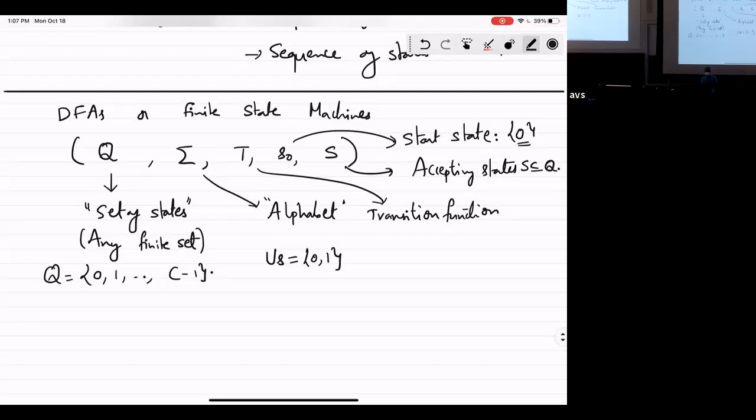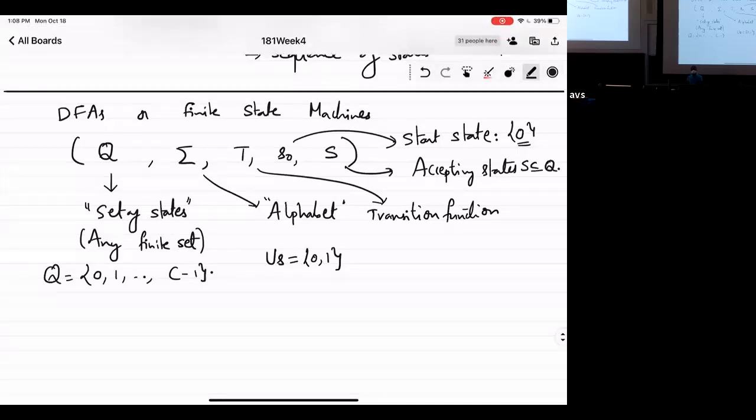What are sigma and T? Sigma is, you can define a seemingly more general notion of finite state machines, where you might not just see bit strings, but you might see letters. So the input could be A, B, C, D, E, F, G, H kind of strings. But it's not going to change too much about what we're going to do. And as I said at the beginning of the course, all the inputs are just binary strings.